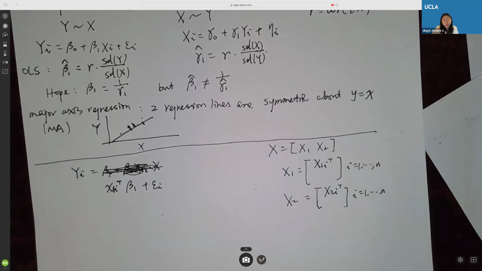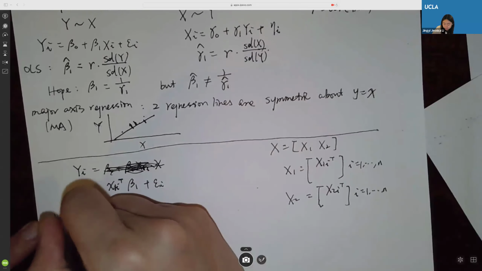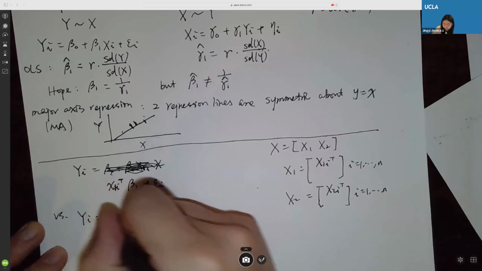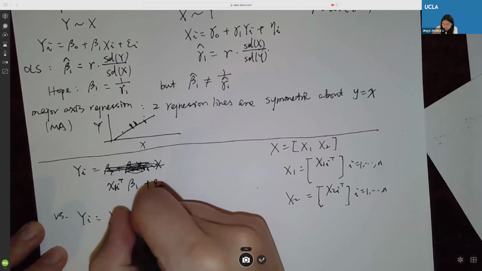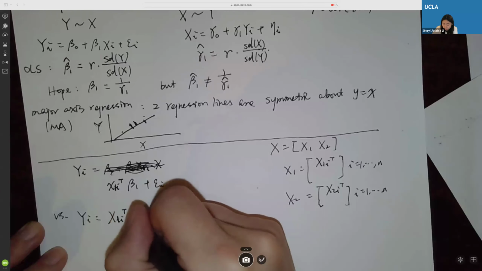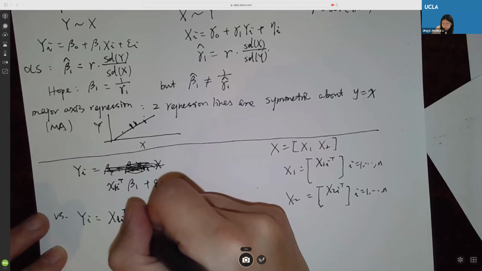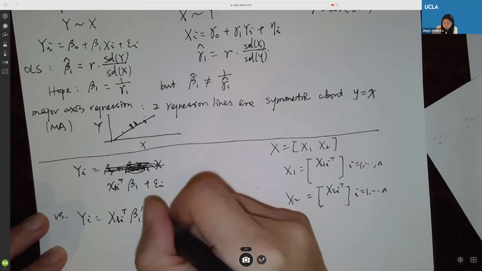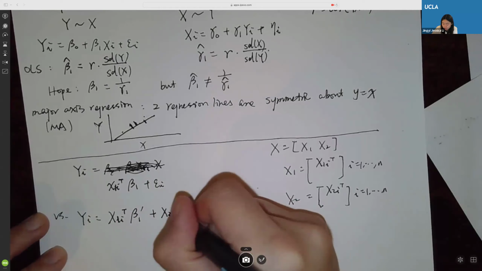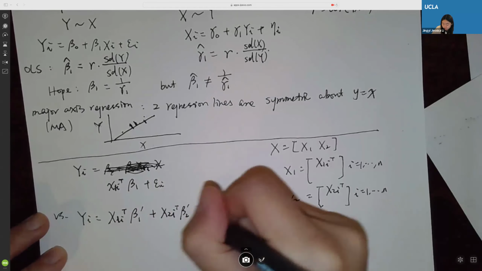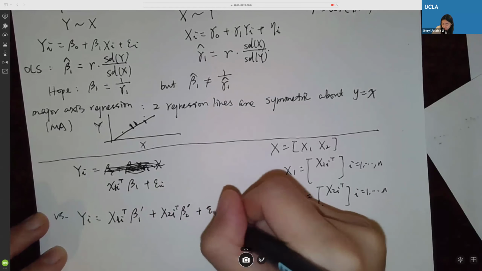I just have my design matrix x1, versus the second model: x1_i transpose, I'll now call it beta 1 prime, plus x2_i transpose beta 2 prime, plus some epsilon_i prime.